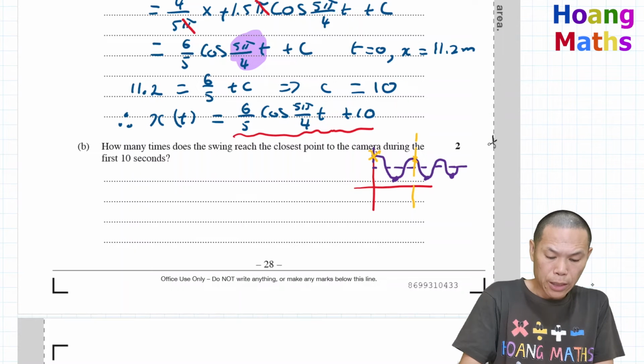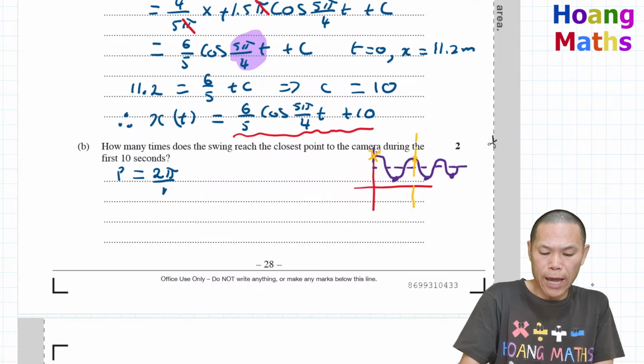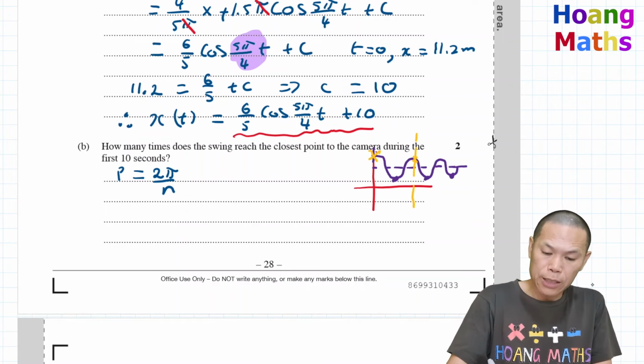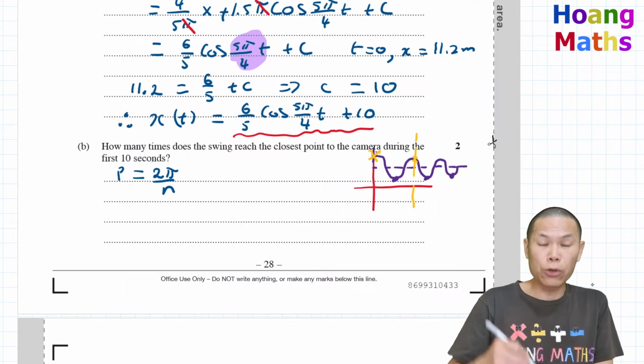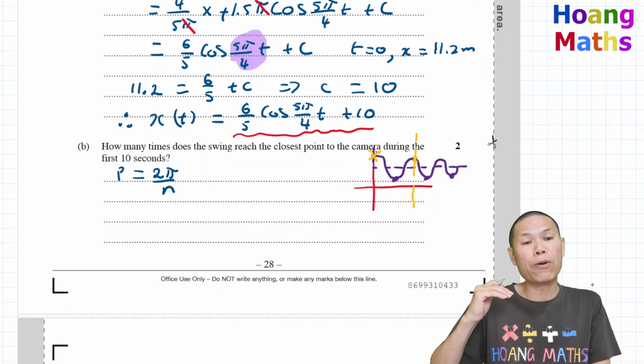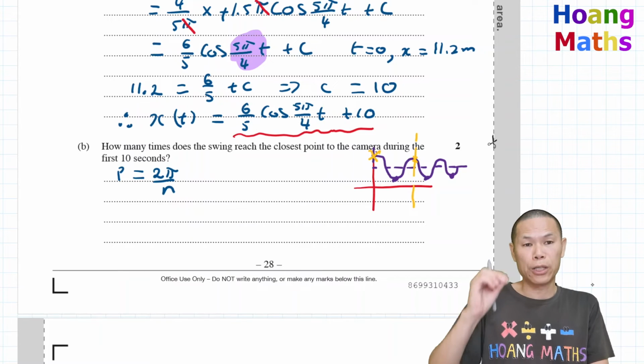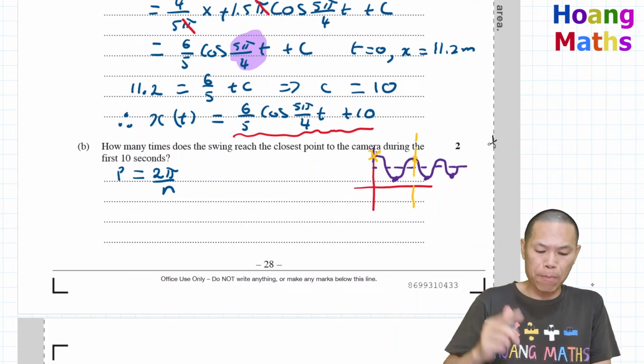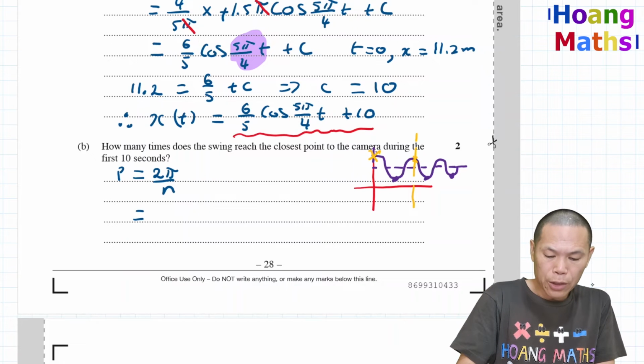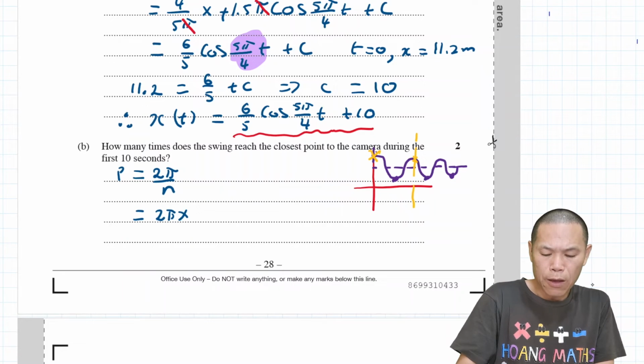The period is 2 pi over n, but n is 5 pi over 4. So instead of dividing by 5 pi over 4, I flip it and multiply by 4 over 5 pi. So that becomes 2 pi times 4 over 5 pi.